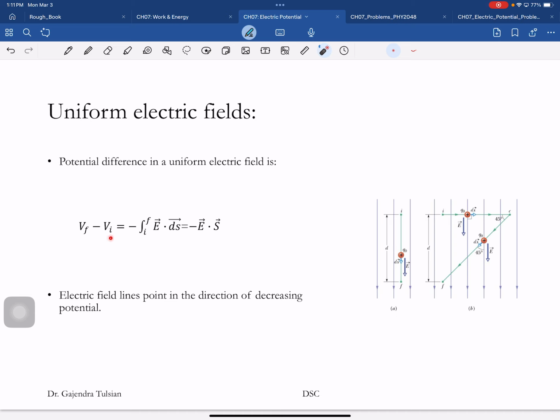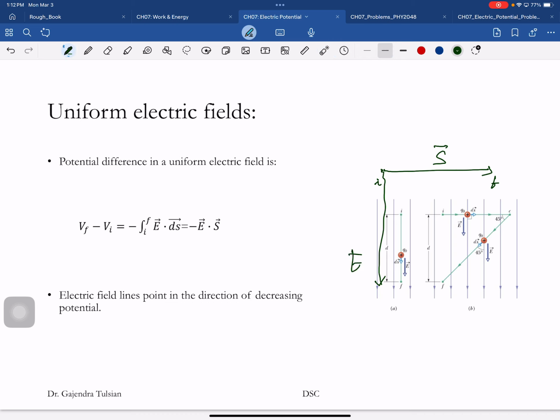In a uniform electric field, the change in potential, final potential minus initial potential, is just the dot product of the electric field and the displacement. So let's say the electric field is uniform and pointing like this, this is the initial point and that's the final point, and there is S. The electric field is pointing like this.